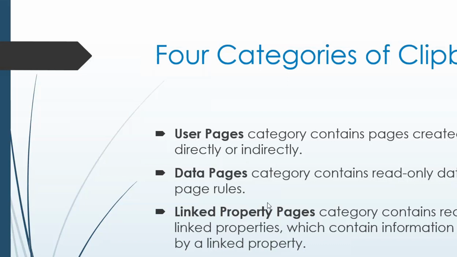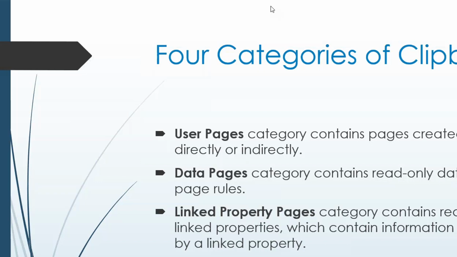Okay. And then I have something called data pages. This data pages category is specific to read-only information within the application. Sometimes you might get some external data into your application, and that could be read-only data. In order to view that, you should check the data pages category.